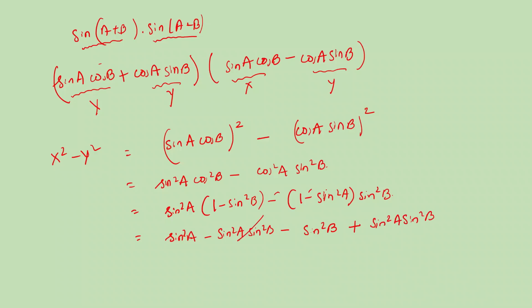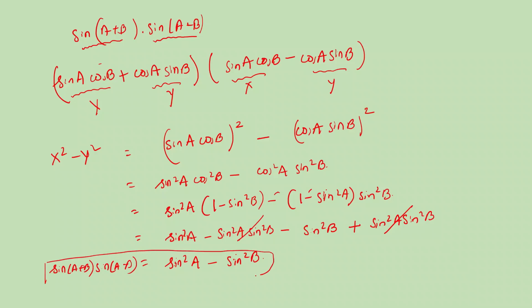So minus sine square a sine square b plus sine square a sine square b, and then finally we are left with sine square a minus sine square b. So this is the formula for sine a plus b times sine a minus b. So this you have to remember, add it to your list.